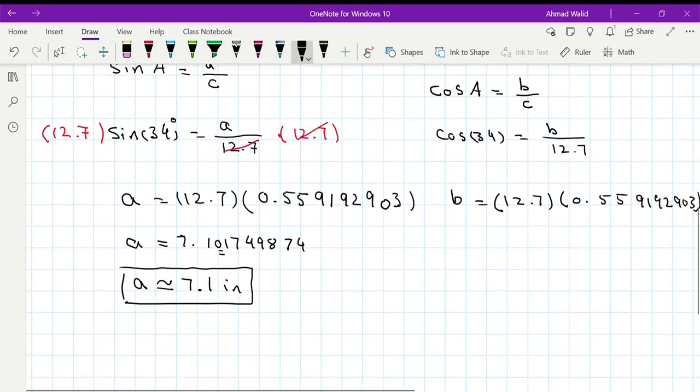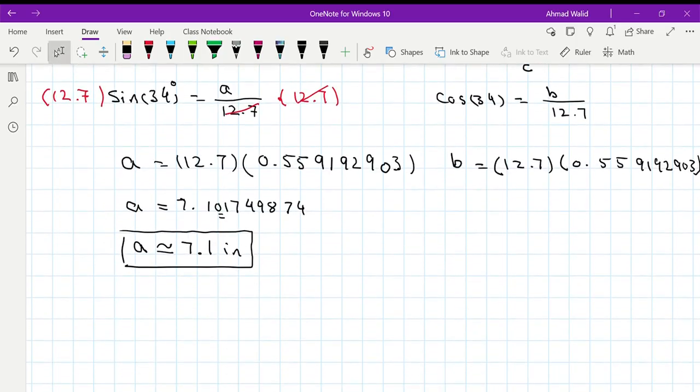And if you multiply this, let me multiply 12.7 times 0.5591929003.